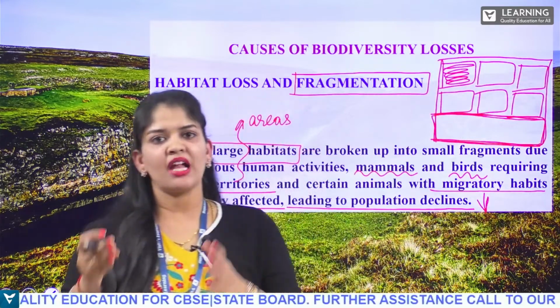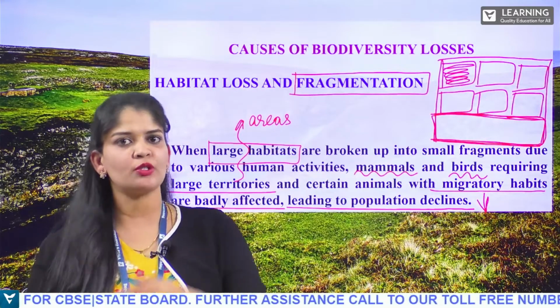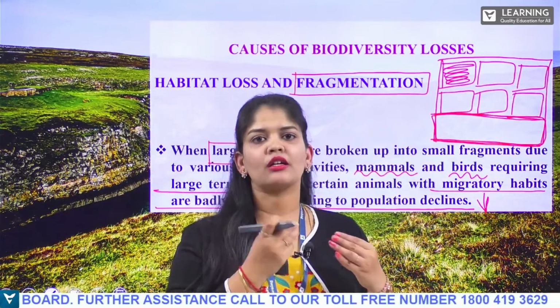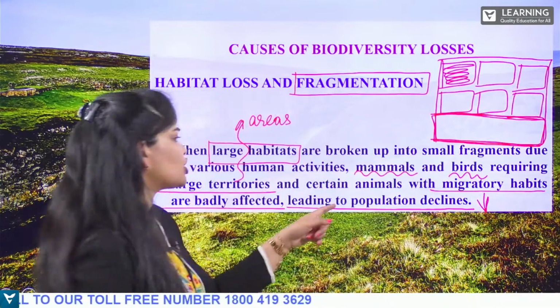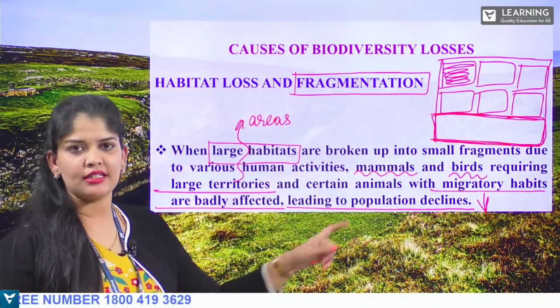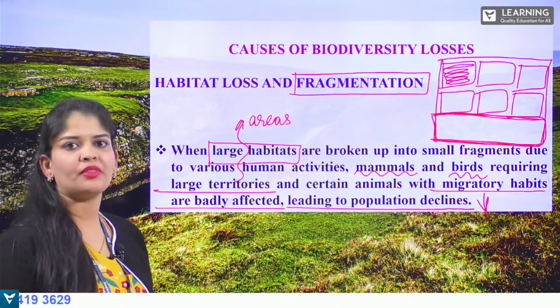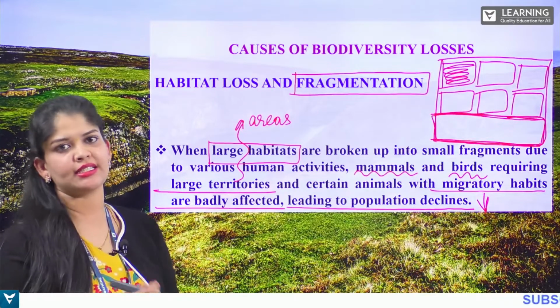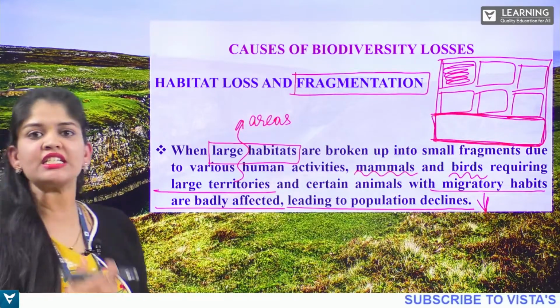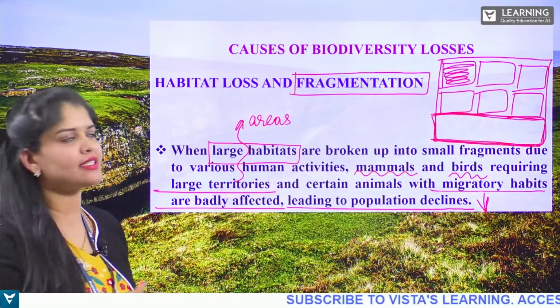Meanwhile, the plants, birds, and mammals which depend upon these habitats are being badly affected, and they are facing extinction. That is what we call leading to population decline. Decline is nothing but population decrease, a decrease in the population size, a decrease in the population density.